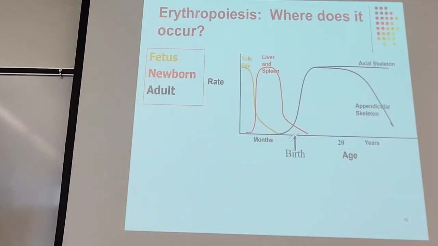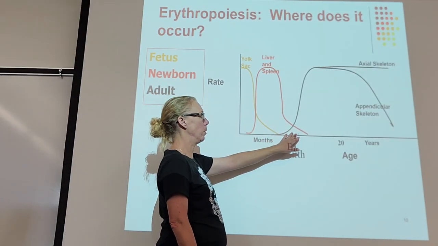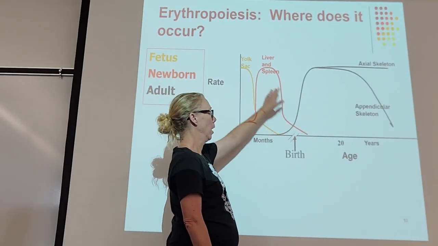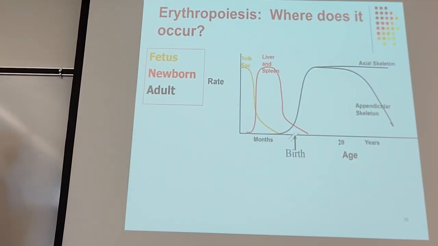Then as you grow, in the later parts of fetal development right up until birth, your liver and your spleen start making red blood cells for you. But once you're born, that stops. And what takes over is the red bone marrow of your bones.